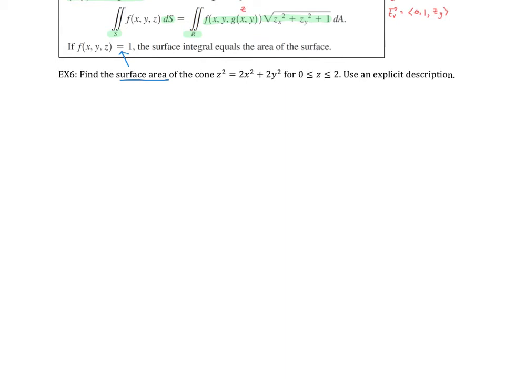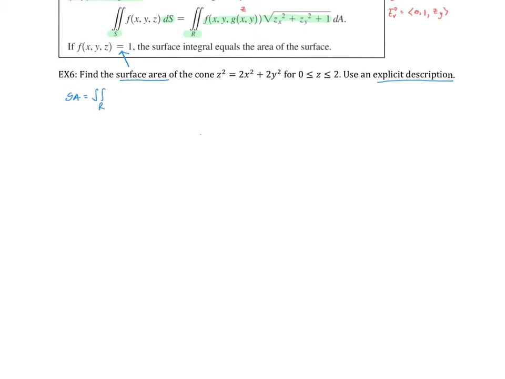So we're finding the surface area of this cone, z squared equal to 2x squared plus 2y squared, where our z values are going to go from 0 to 2. It says to use the explicit description, which means what's in the box up here. So first of all, our surface area is going to be a double integral over our region.